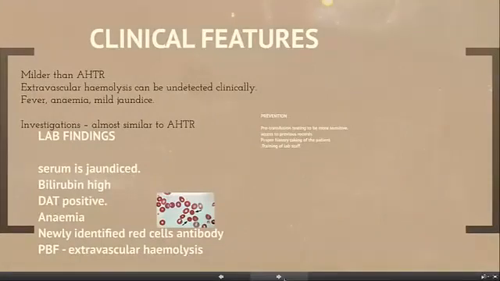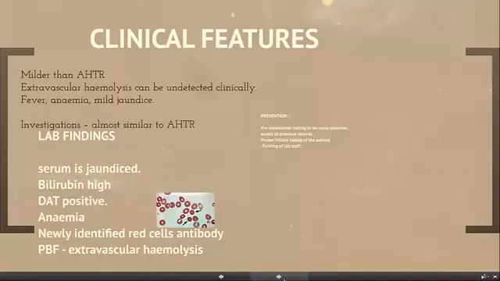The clinical features are usually milder than the acute hemolytic transfusion reaction, and sometimes we cannot detect it clinically. But if the patient shows symptoms, they will usually present with fever, anemia, and also mild jaundice. Investigation is similar to the acute hemolytic transfusion reaction. And sometimes we can see the lab findings of jaundice.